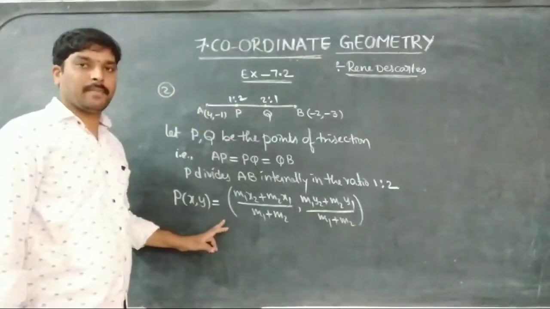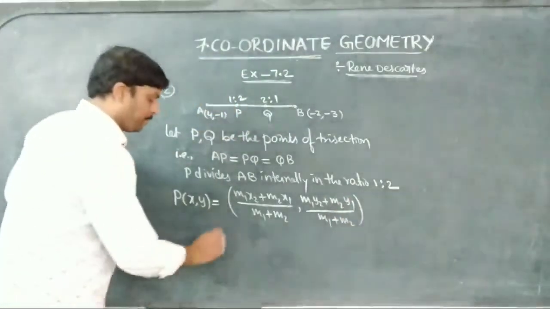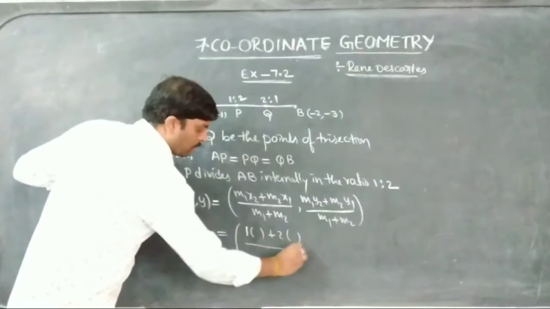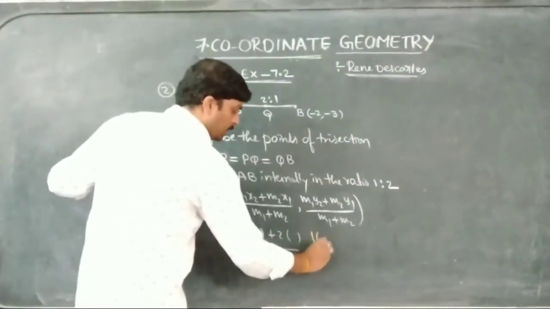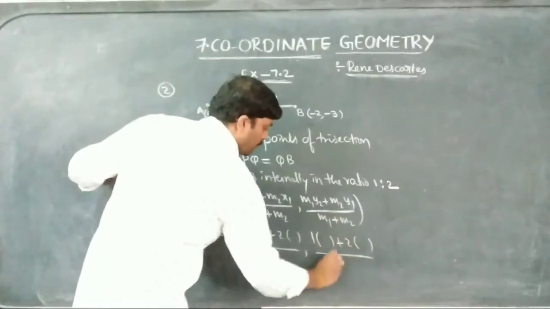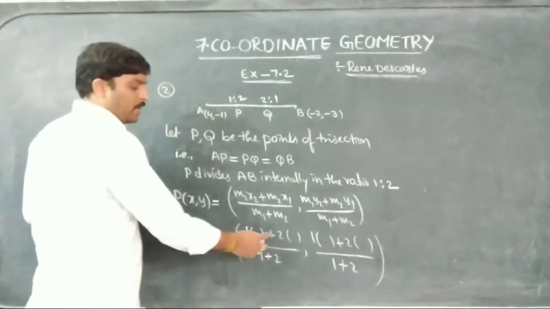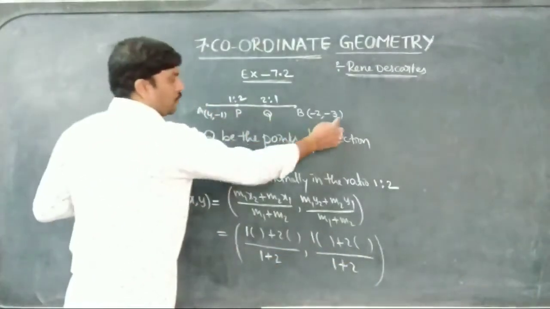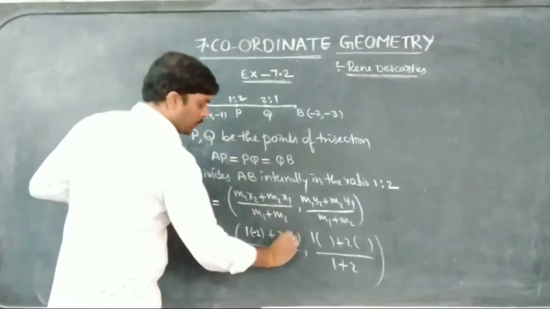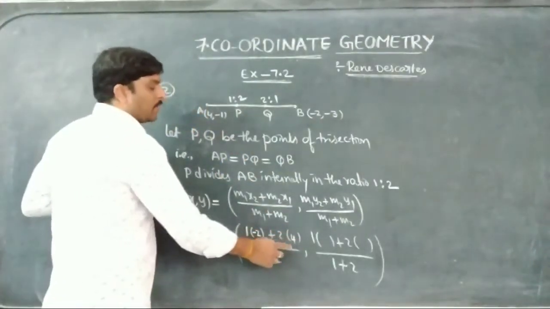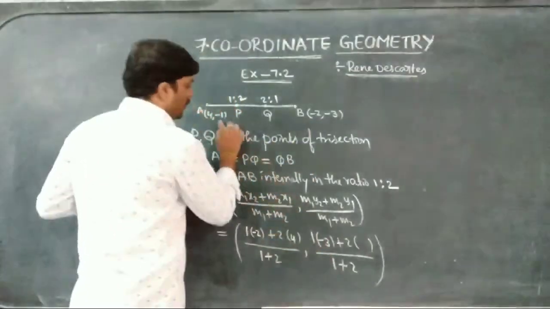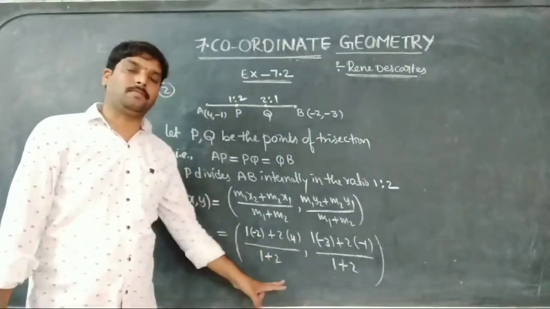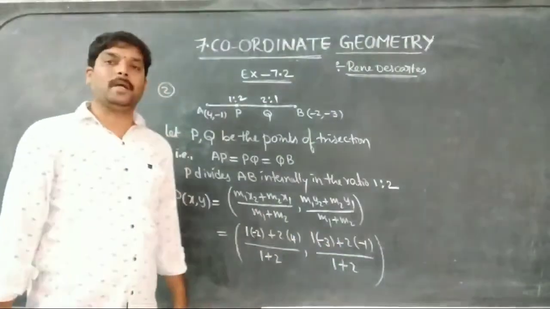This is the section formula. By using the section formula, we will do the sum. Here m1, m2 are 1, 2, and 1 plus 2. Now x1, y1, x2, y2 are the given values, so m1 x2 plus m2 x1 by m1 plus m2, m1 y2 plus m2 y1 by m1 plus m2.